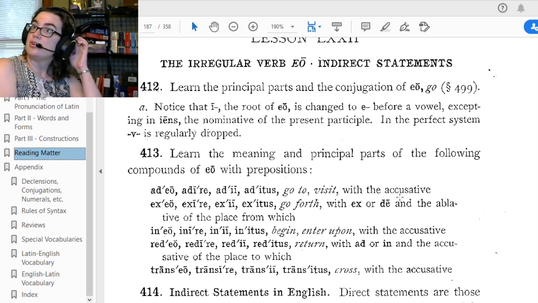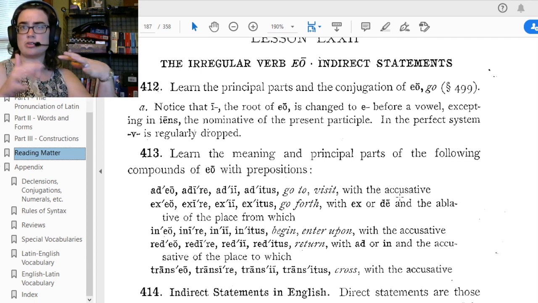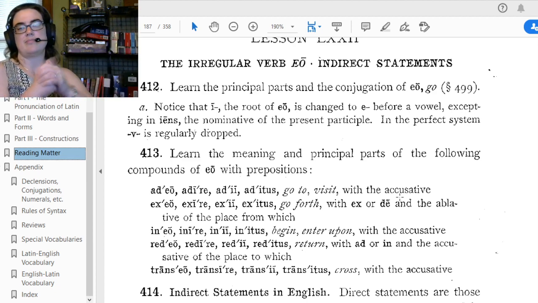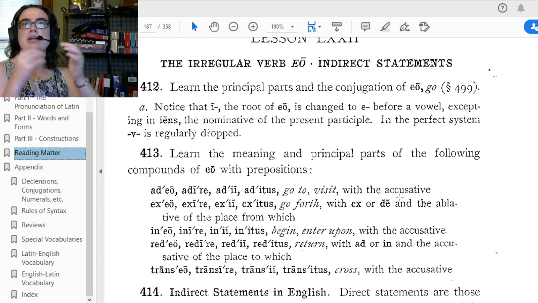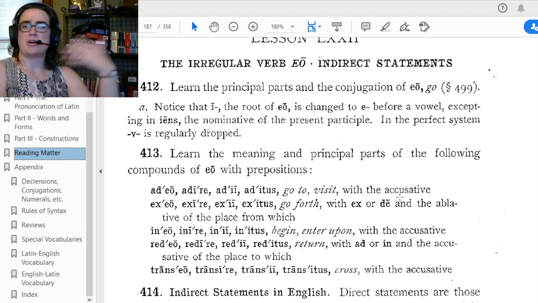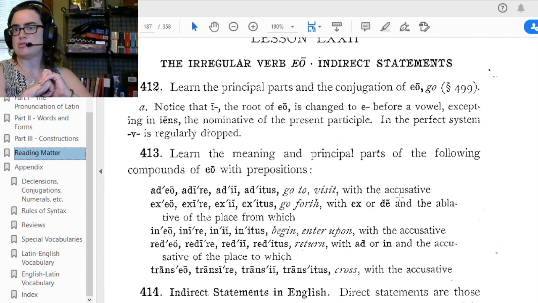Okay, the long i, the root of eo, is changed to e before a vowel, with the exception of the present participle nominative iens. Don't worry, in the other cases, in the genitive, it becomes euntis. Thanks, Latin. And in the perfect system, the v is regularly dropped, which is good because in the principal parts, they didn't even give you v. So that would have been really confusing if you suddenly saw a v in this text.